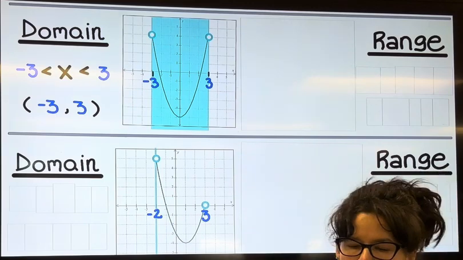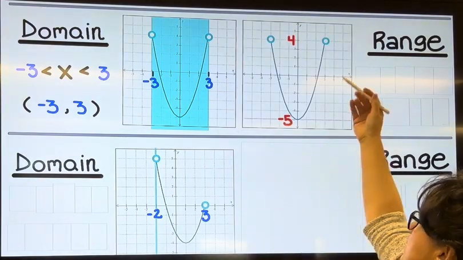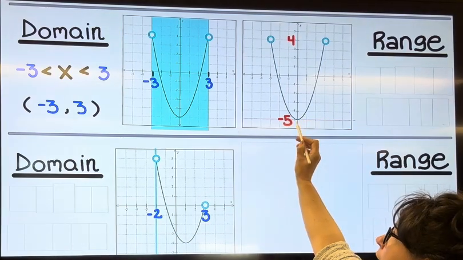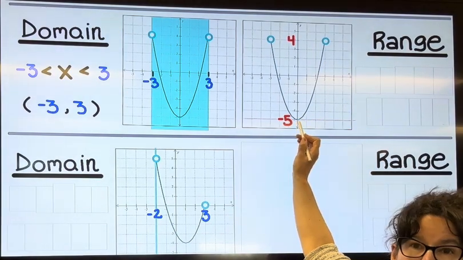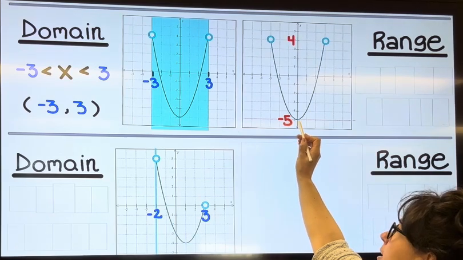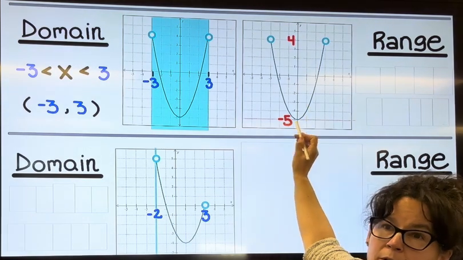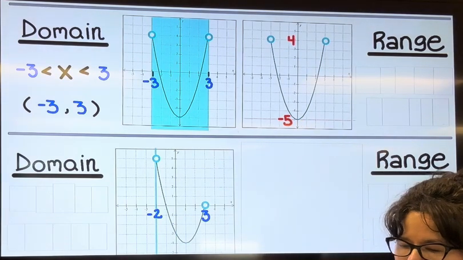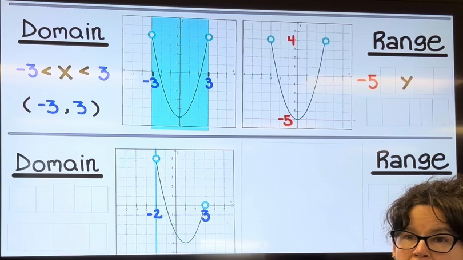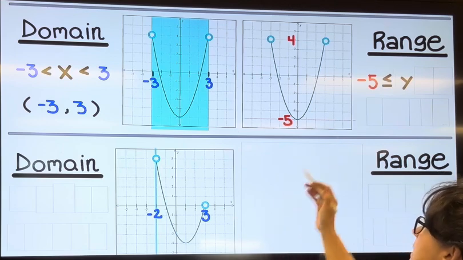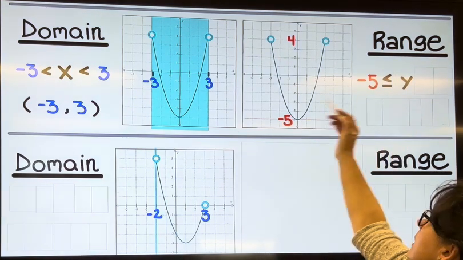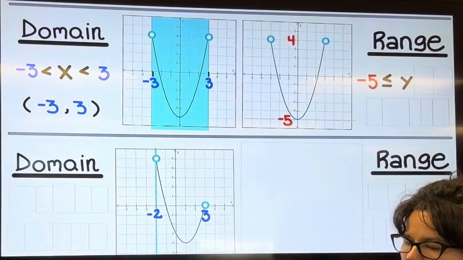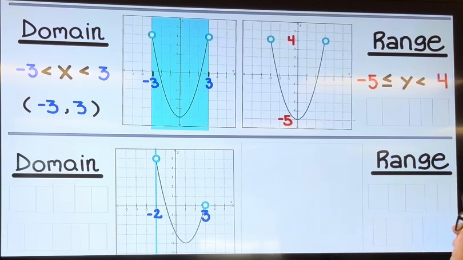Okay, bottom to top for range. The lowest this graph goes is down at -5. I don't have a solid dot highlighted, but we're on the graph. Everywhere around here is a solid dot. So the lowest I can go for my y is -5, and it's then going to be on or above, and then we're going to stay under 4.